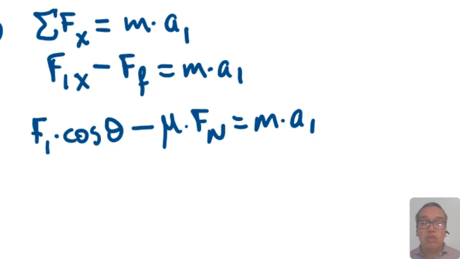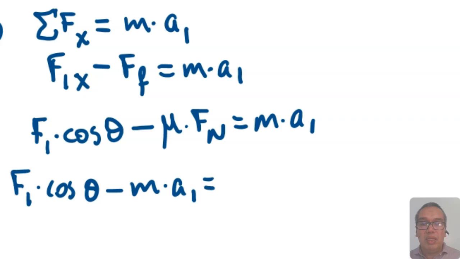Because you want mu, you want to move things around in this equation a little bit. So F1 cosine of theta minus mass times a1 is equal to mu times the normal force. But we do have an expression for normal force because the normal force itself is not in our list of approved variables.